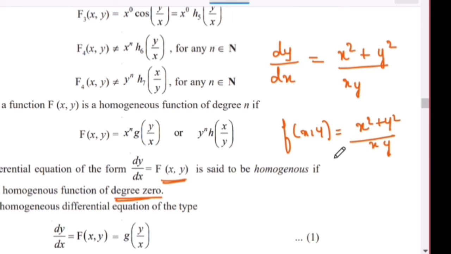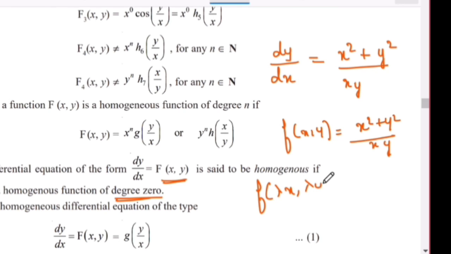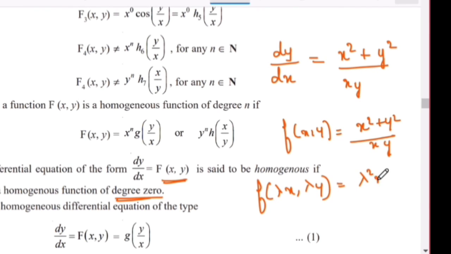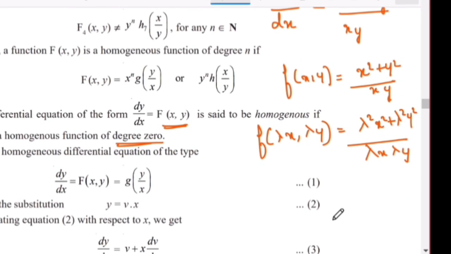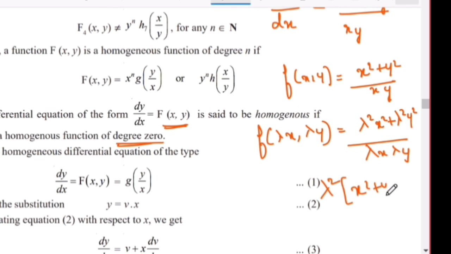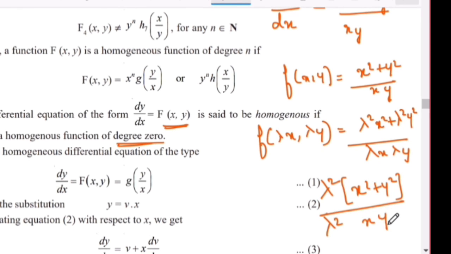So how do you check if it is a homogeneous function? Put lambda x, lambda y. This will become lambda square x square plus lambda square y square by lambda x, lambda y. So we get lambda square into x square plus y square by lambda square into xy. This gets cancelled.